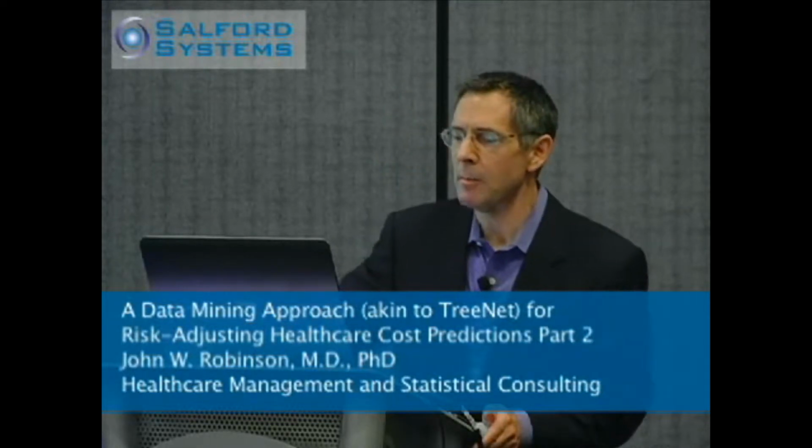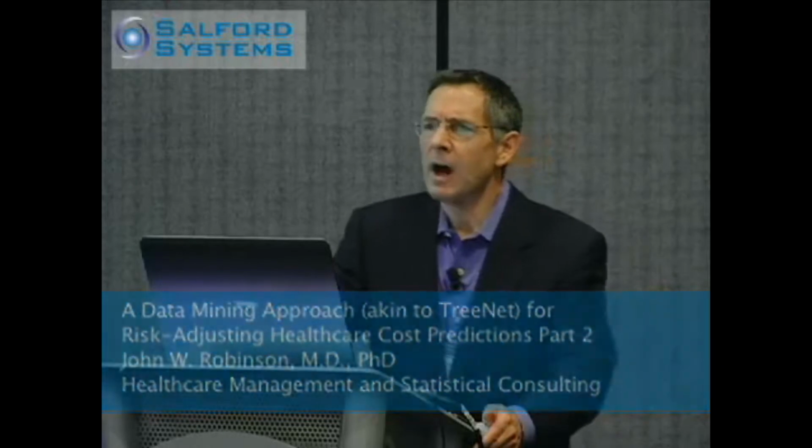I'll provide some examples. So the diagnostic cost group's hierarchical condition category system takes the diagnostic groups. If you remember, there were 118 condition categories. So each of the ICD-9 codes has been mapped to one of these 118 condition categories, and then arranges those diagnostic groups into a hierarchical structure.